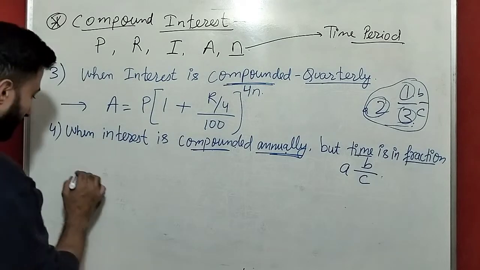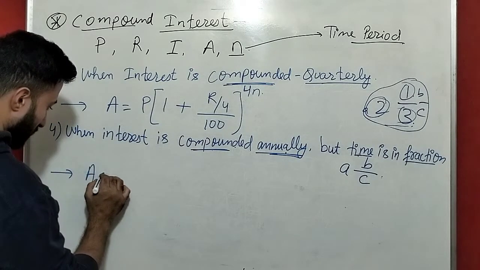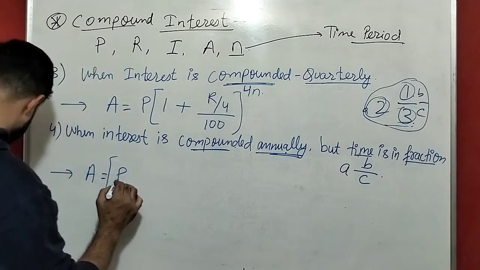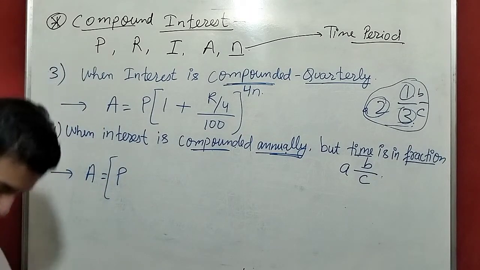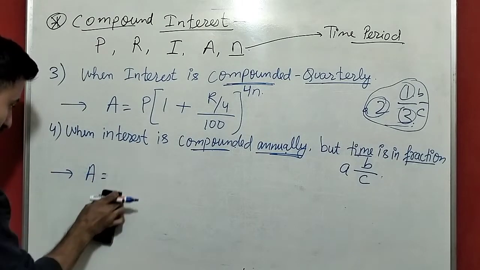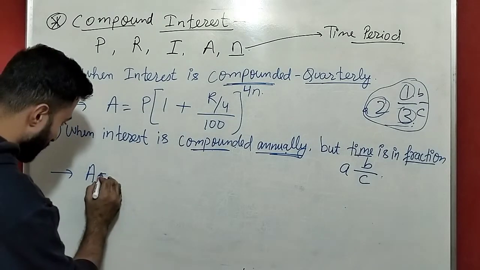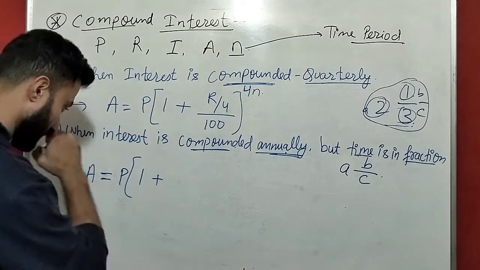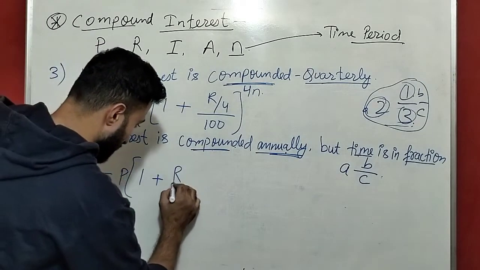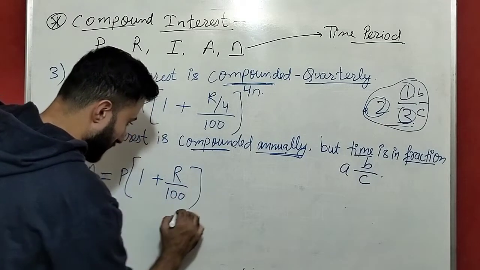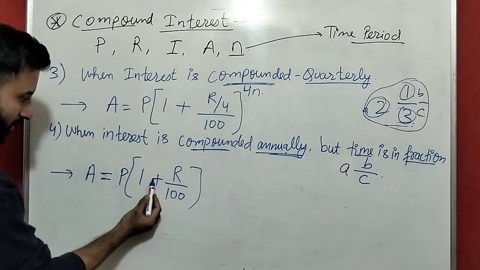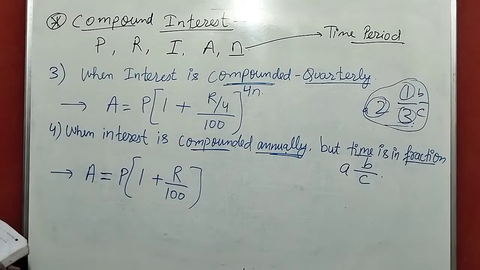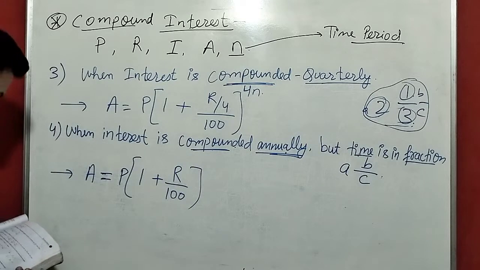Then the formula for finding the amount: amount equals P into 1 plus R by 100. See guys, this 1 plus R by 100 is separate; don't mix it up.